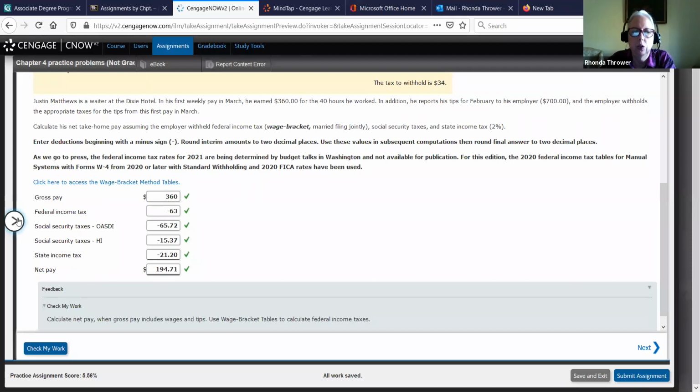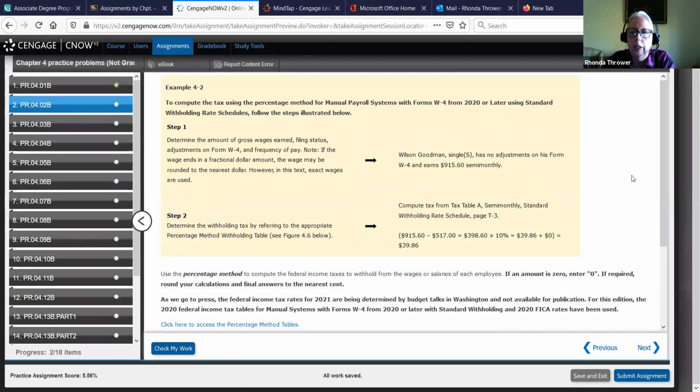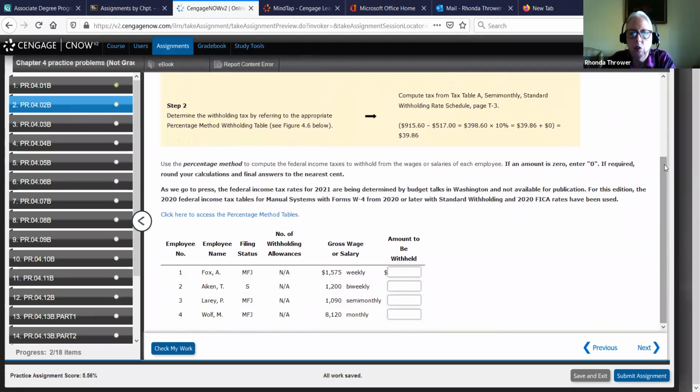Now I'm going to move to the second problem, and we're going to go through this problem. Notice on this problem, it's telling you that you're going to use the percentage method this time, not the wage bracket method.